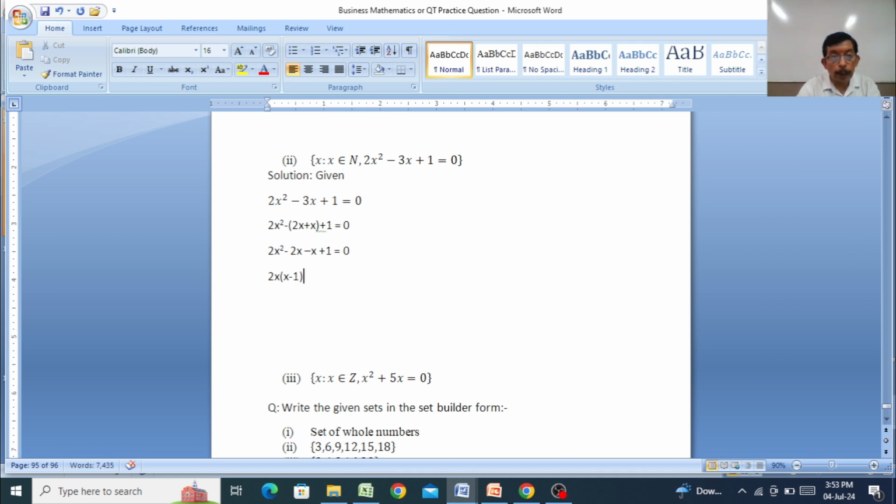In the next two terms, taking minus 1 common, the bracket remaining is x minus 1.